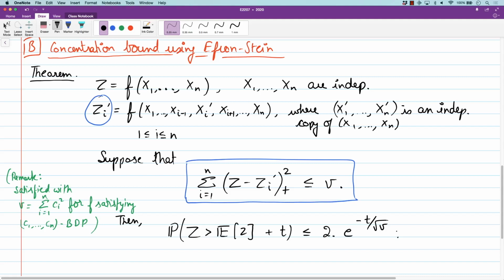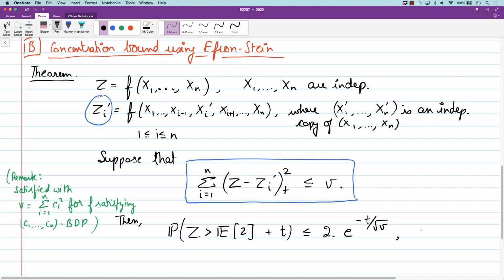Yeah, so this is a slightly different bound from what we had seen earlier. Earlier, using McDiarmid inequality, we had seen a bound which looks like, I think, t squared by summation ci squared, so t squared by v, t squared by 2v, something like that. Now we see t by root v here, and depending on where the t is, this can be better or worse.